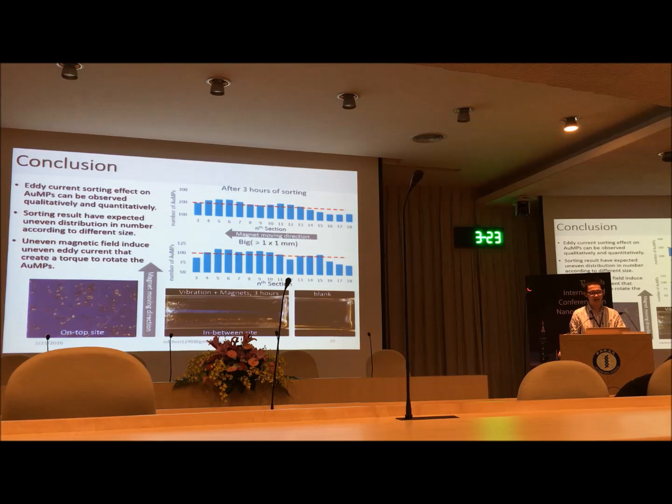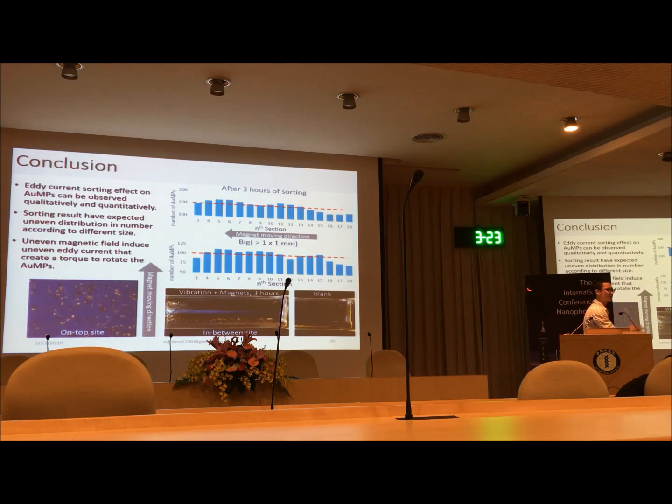Yes, and according to our calculation, we found that the gold microplates with larger volume will have a larger force affected by the time variant magnetic field, as in the demonstrator I just showed you. The difference between big plates and smaller plates is the cross section. They have different cross sections to the solution, right?